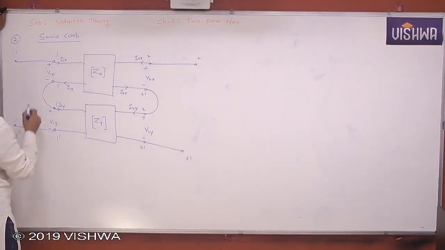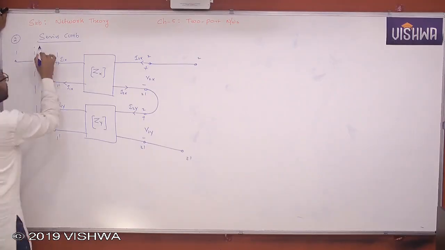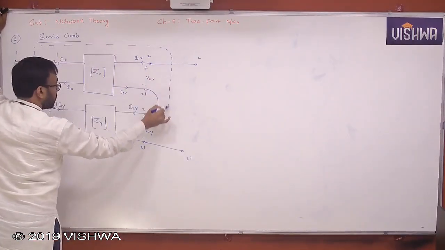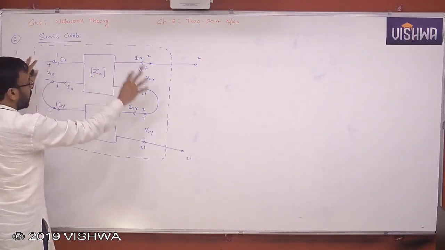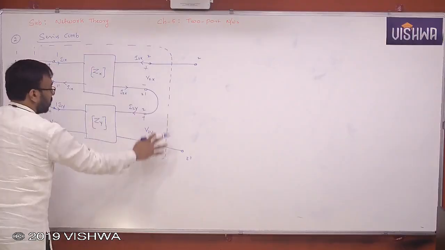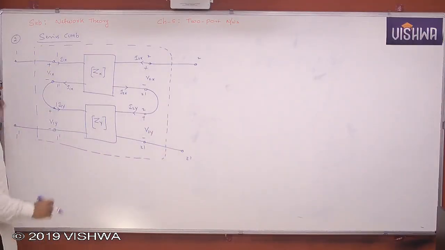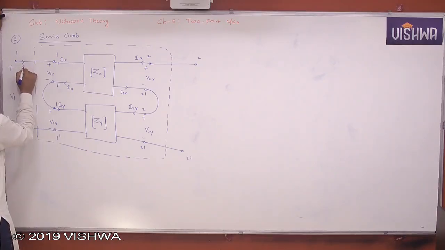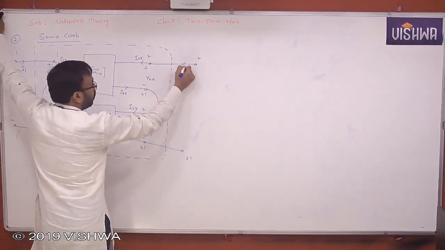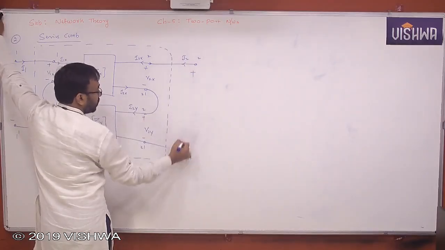And these are said to be in series, and the overall two-port network is this box. Now I can replace this by a single two-port network. The overall two-port network voltage is V1, let us say this is I1, and the overall current is I2, let us say this is V2.